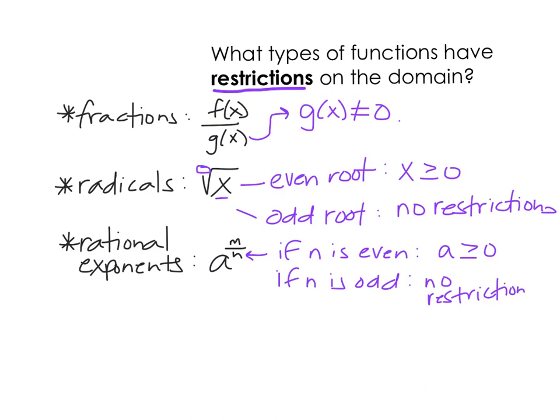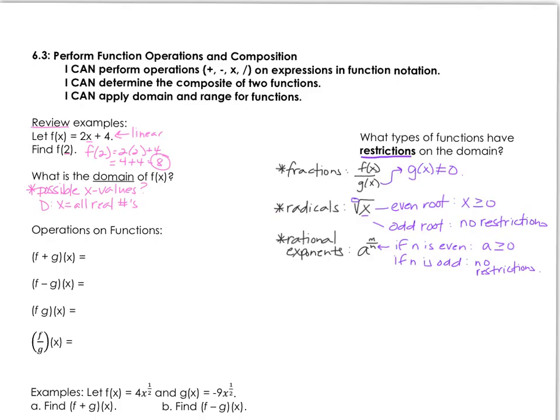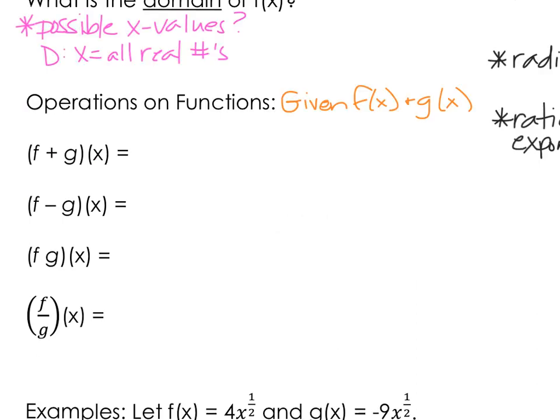And we'll get into more specifics depending on the type of function that we actually work with in these types of problems. At this point, you should still have plenty of room between where it says operation on functions and the examples down below. Let's define operations on different types of functions. Operations are really just adding, subtracting, multiplying, and dividing.